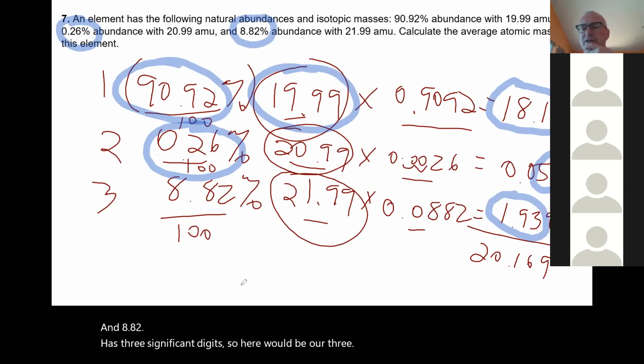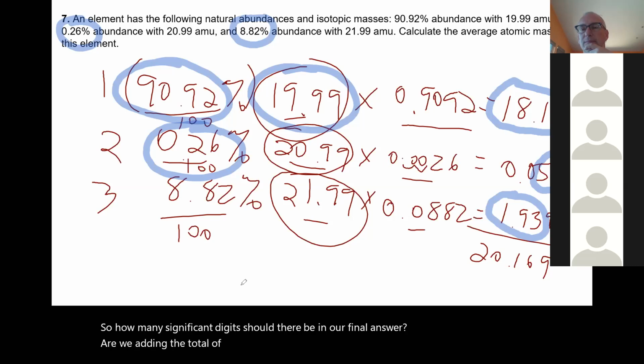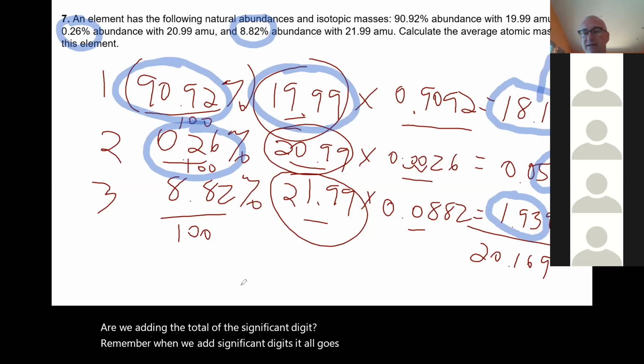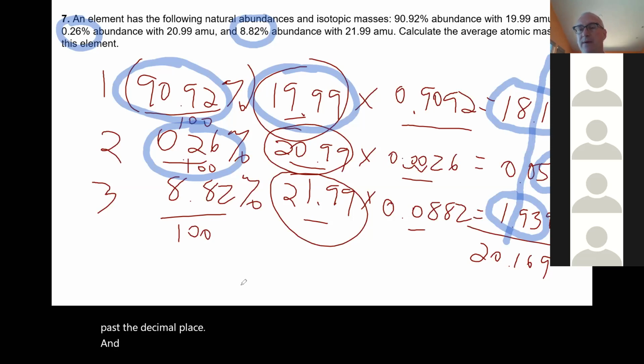So how many significant digits should there be in our final answer? Are we adding the total of the significant digits? Nope. Remember, when we add, it all goes to how many digits there are to the right of the decimal place.